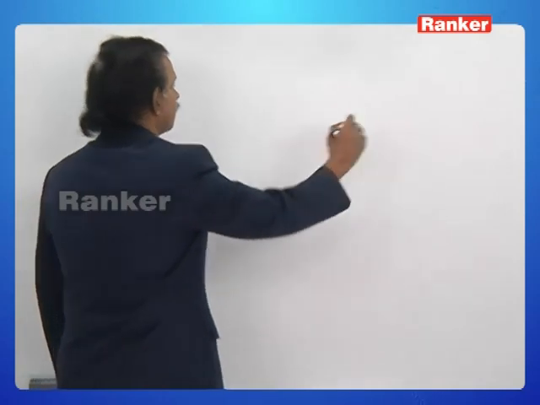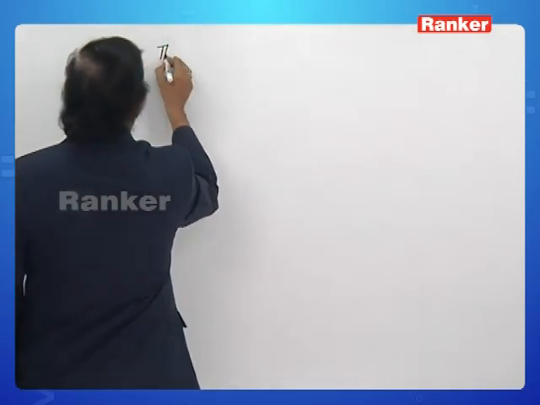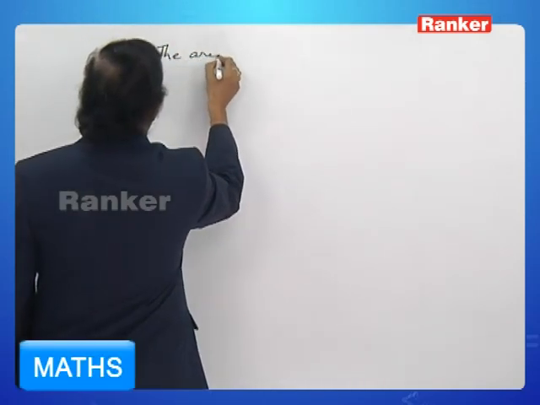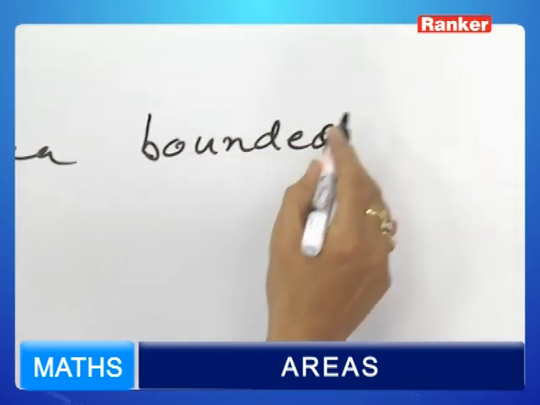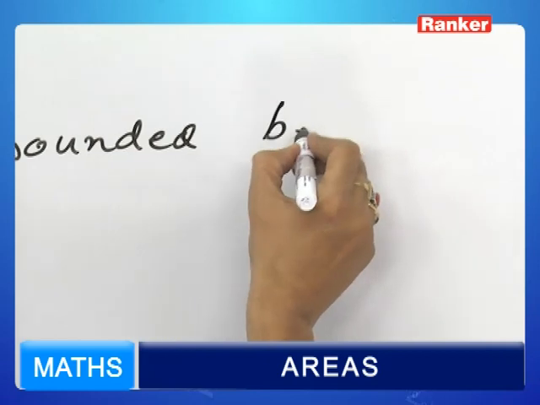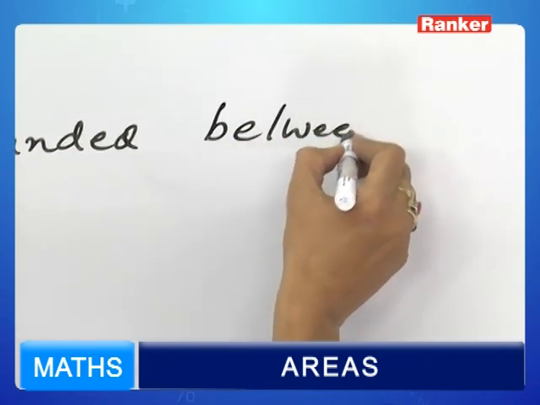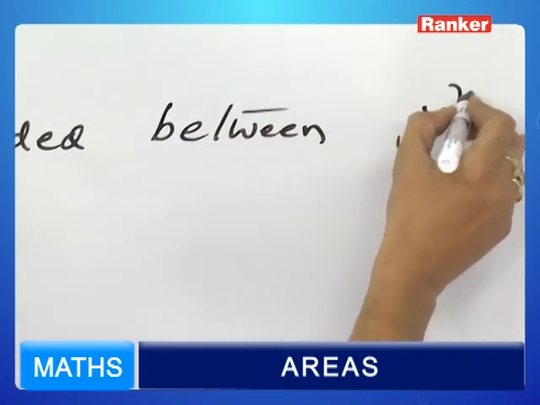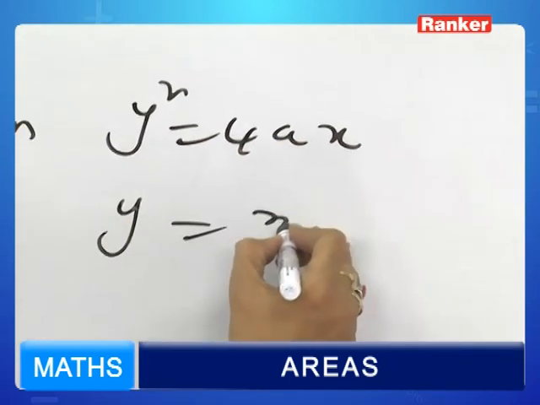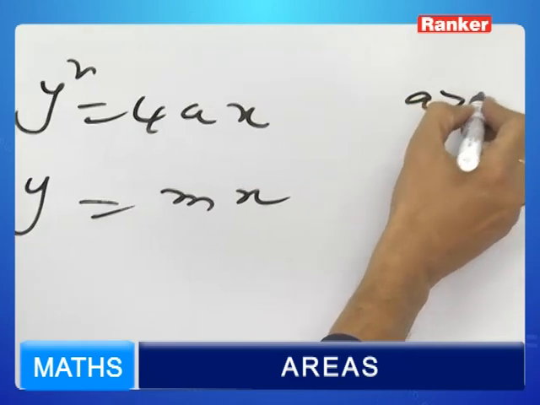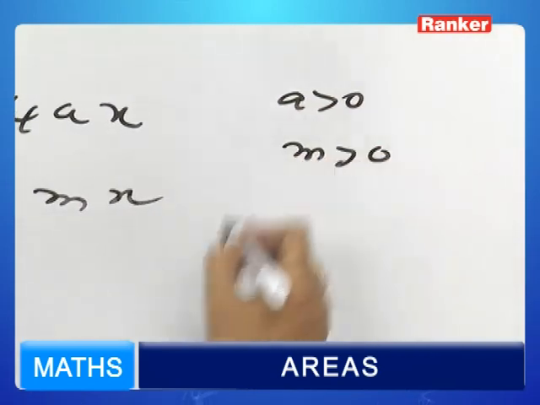One more thing, the area bounded between y square is equal to 4ax and y is equal to mx, both a greater than 0, m greater than 0.